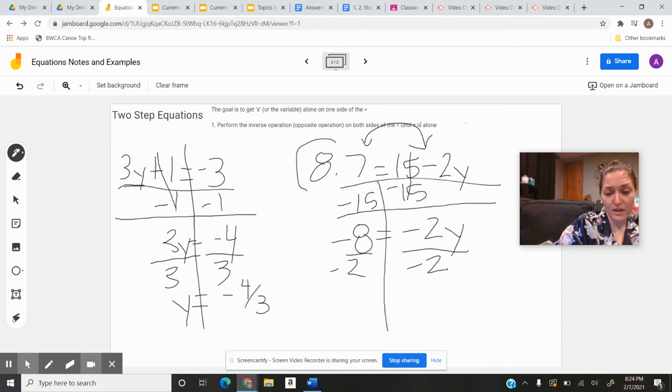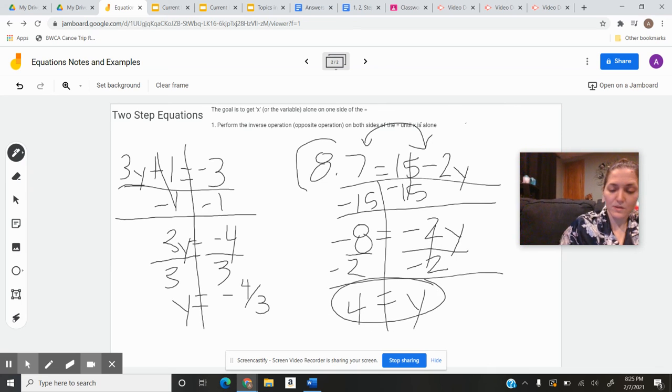Oh, take that, -2. Okay, so -8 divided by -2 is 4. Those two cancel out on this side, and I'm just left with y. So y equals 4. And that's your answer for number 8 on your assignment.